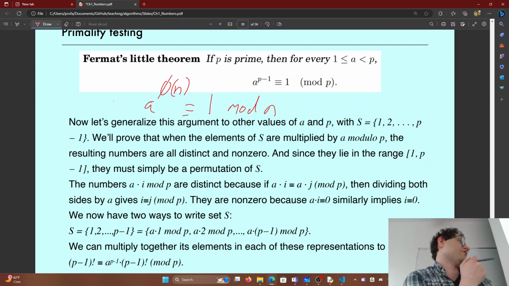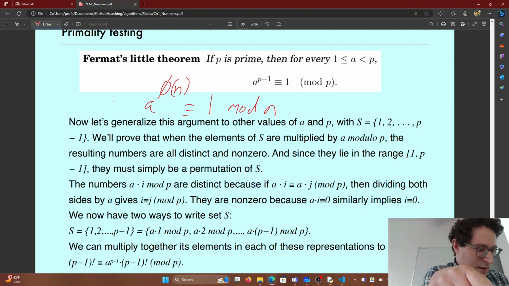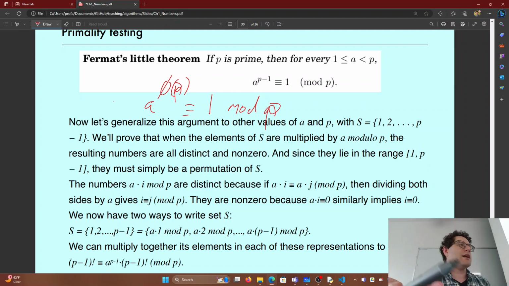There's that totient function again. Some a raised to the totient of n is congruent to 1 mod n. Now, if n is a prime number p, how many numbers are co-prime with a prime number? p minus 1. So Euler had a much more general version of that, which is pretty cool.